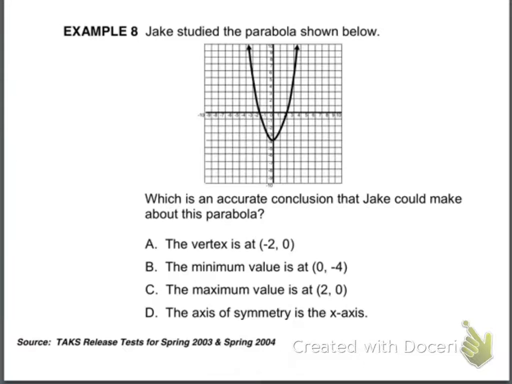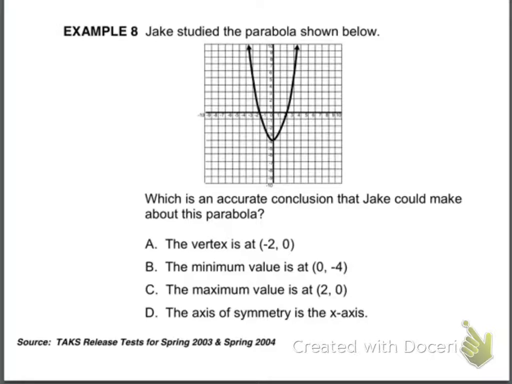Okay, that's example 7. And the last example for this first objective is Jake looked at this parabola that's shown, and it says, what is an accurate conclusion that Jake could make about this parabola? Well, the vertex, in this case, is a minimum.